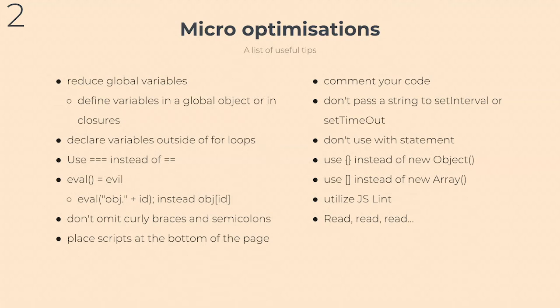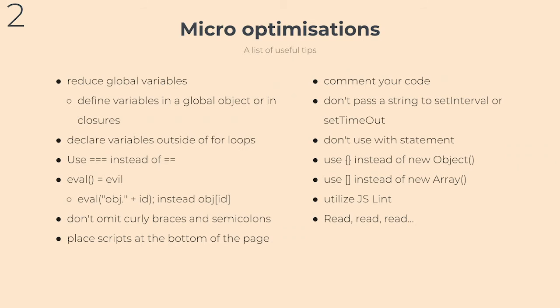Then, of course, I guess most of you are already using 3 equal signs instead of 2 equal signs. This is quite good to use, also for long-term debugging. It's also a really good practice to declare variables outside of for loops, so you don't have the issue of overwriting things all over again.